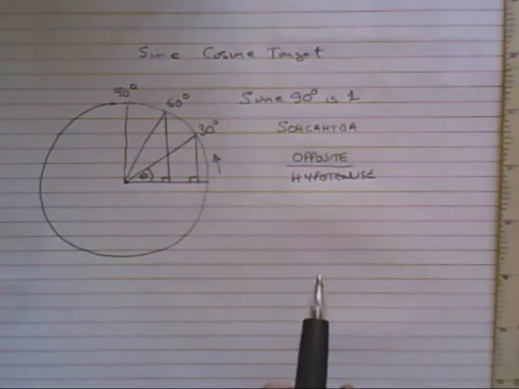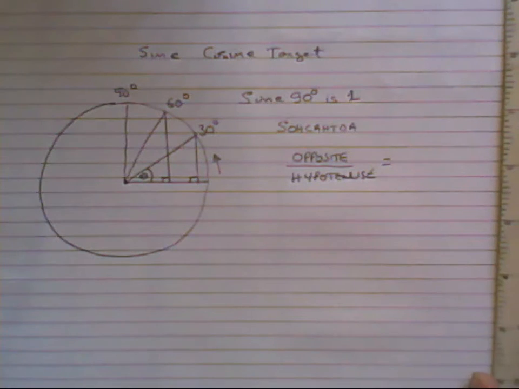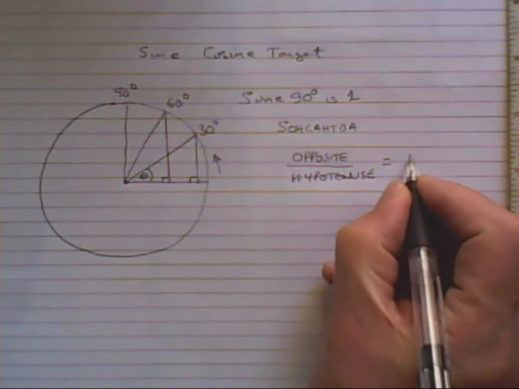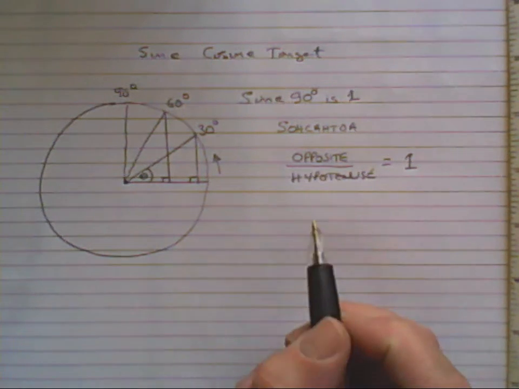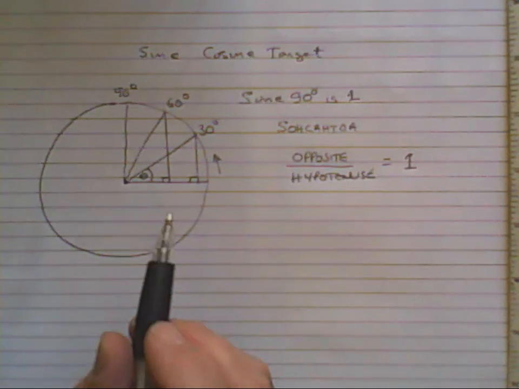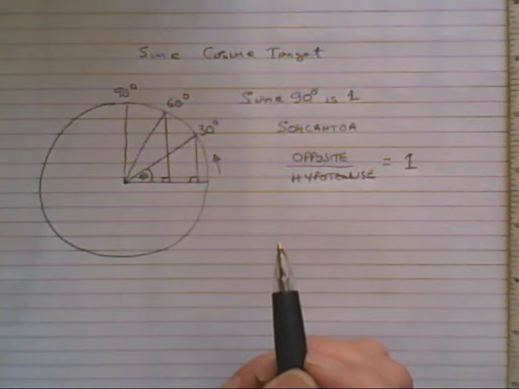Now it's very, very odd that if the answer to this fraction is 1, then the length of the hypotenuse and the length of the opposite must be the same. I defy anybody to draw a triangle that has the opposite and hypotenuse the same length.